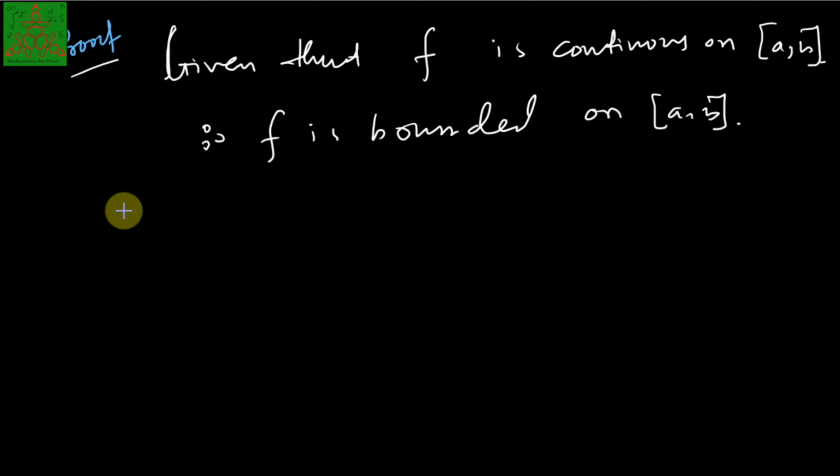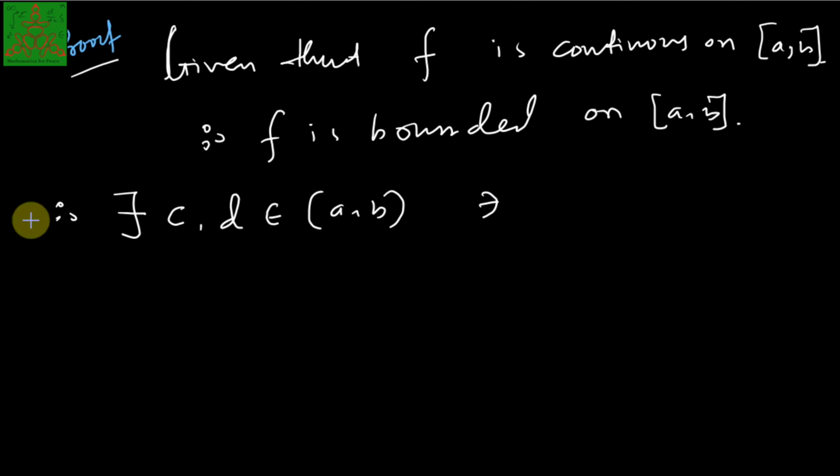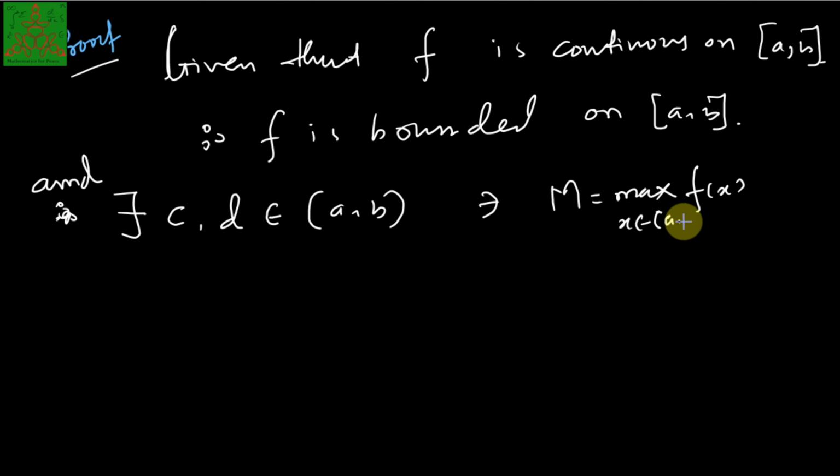Inside this interval AB, there exist points, let's say c and d, which belong to the open interval AB, such that capital M, which is the maximum of f(x) in the interval AB, equals f(c).